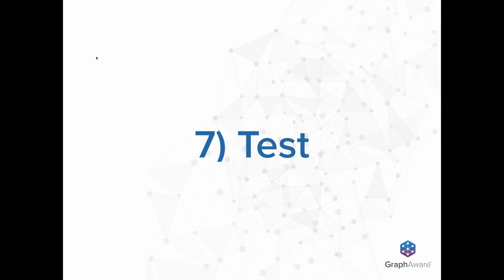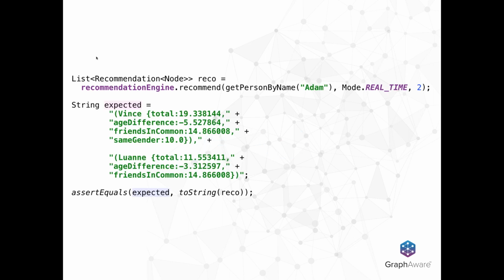Finally, we want to do some testing, of course. So I'll demonstrate how we would use this engine. So in the very first line here, we are calling that engine we've just built and saying recommend me 2 people, which is the last parameter, for a person named Adam from our domain. And do it in real time, please.